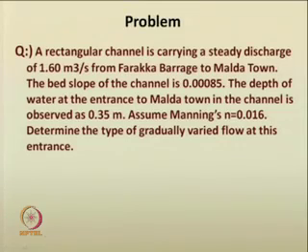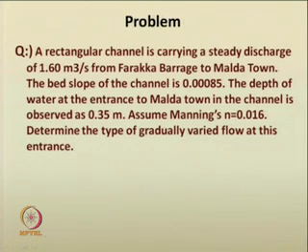So, let us see today's problem. The following is the problem. You can just note the question. A rectangular channel is carrying a steady discharge of 1.6 meter cube per second from Farakka barrage to Malda town. The bed slope of the channel is 0.00085.